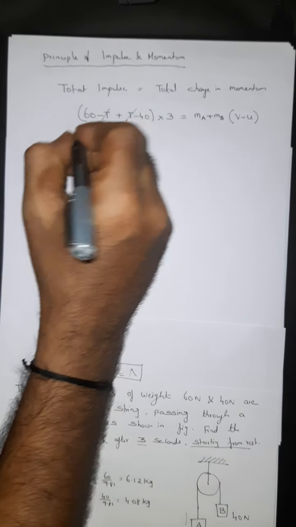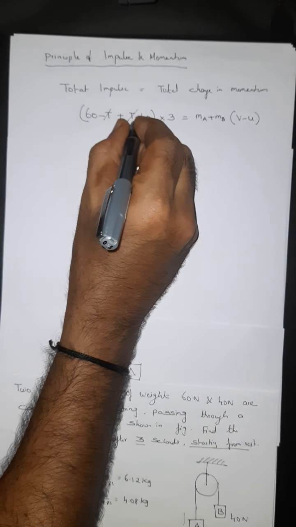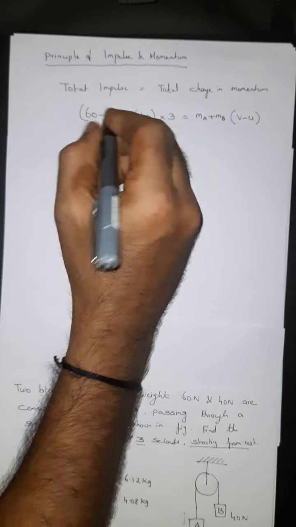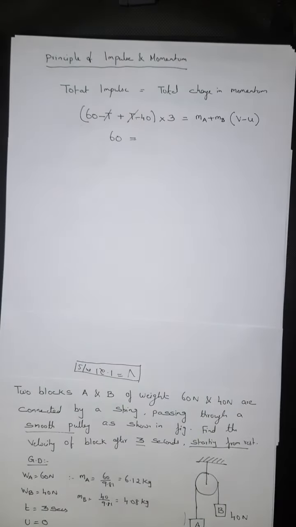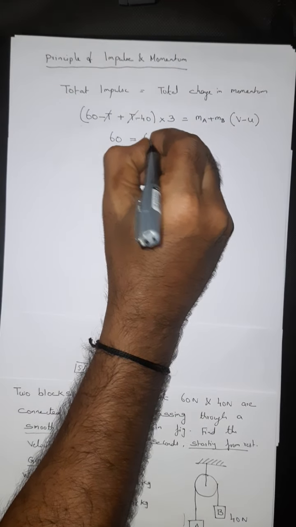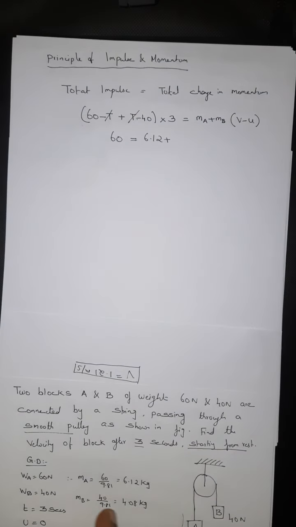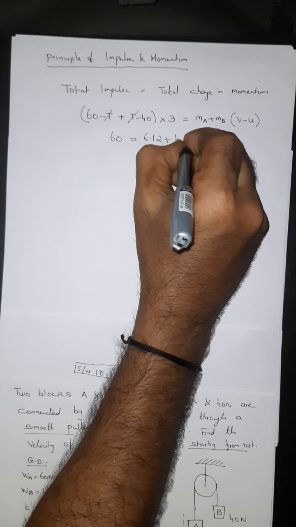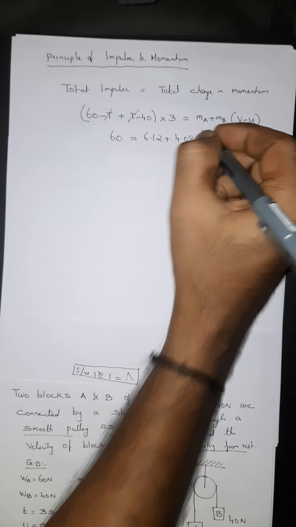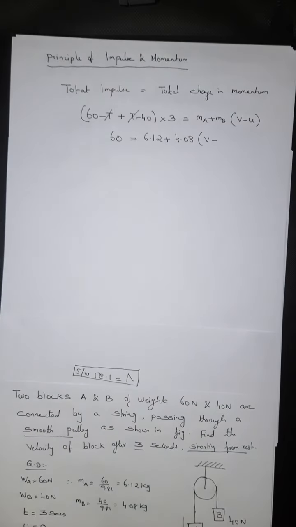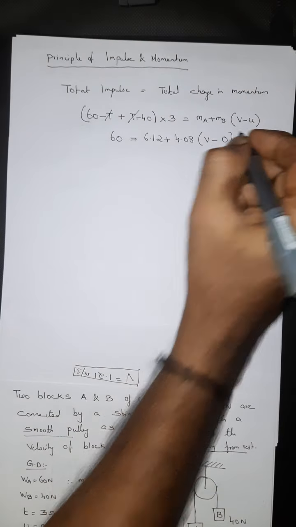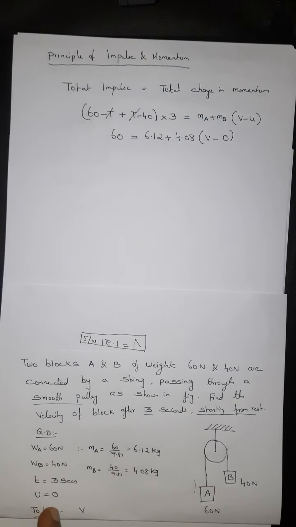So T gets cancelled. So 60 minus 40, 20 into 3, 60 equal to MA value is 6.12, MB value is 4.08, into V. So V unknown minus U. U is 0. Initial velocity is 0.